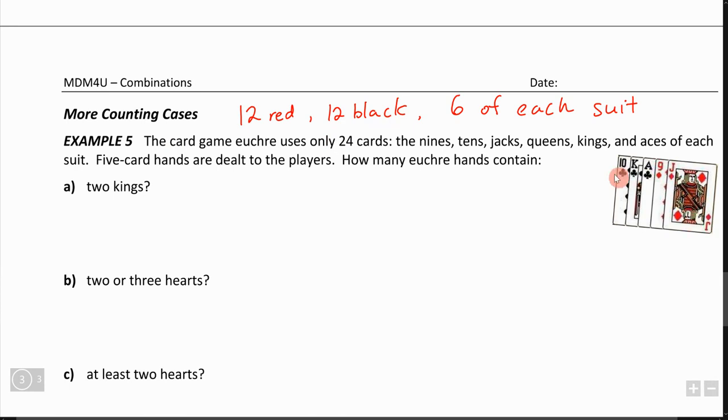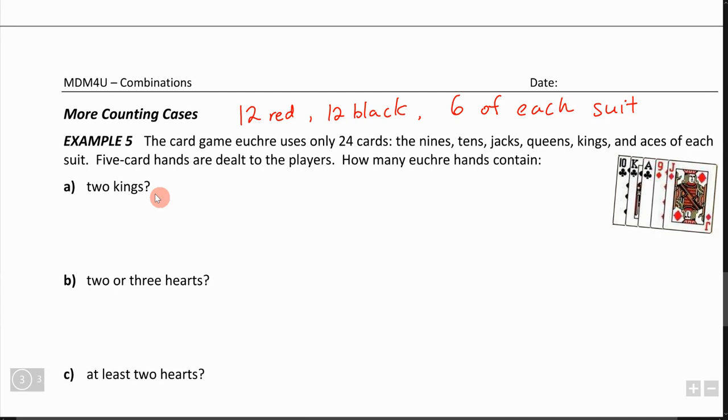Remember, 9, 10, Jack, Queen, King, and the Ace. So that's 6 cards. So 6 plus 6 is 12 red, and another 6 plus 6 is 12 black. That's how I'm getting these numbers here. 24 cards. Okay. So how many Euchre hands would contain 2 kings?